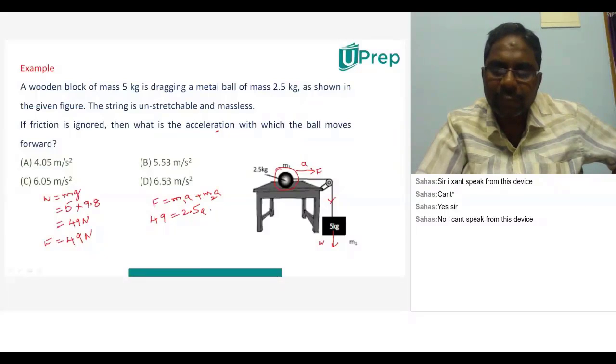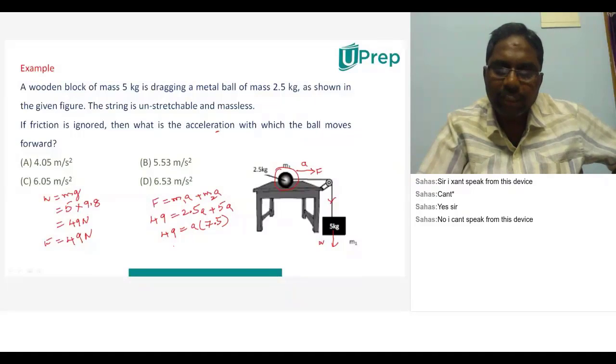So 49 is equal to 2.5a plus 5a. If you take a common, 49 is equal to (5 plus 2.5) a, so 5 plus 2.5 means 7.5.